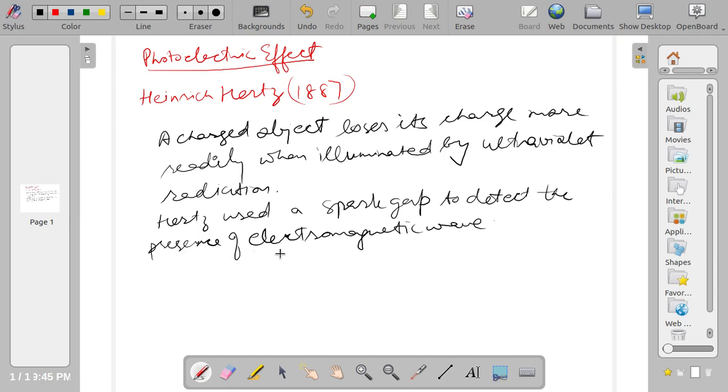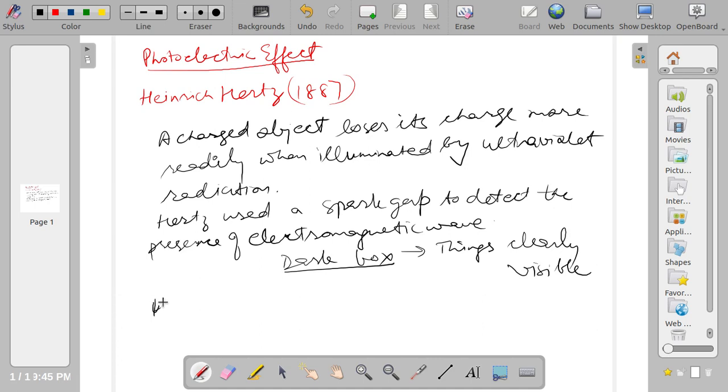And then he placed this arrangement in a dark box so that things are clearly visible in the dark.